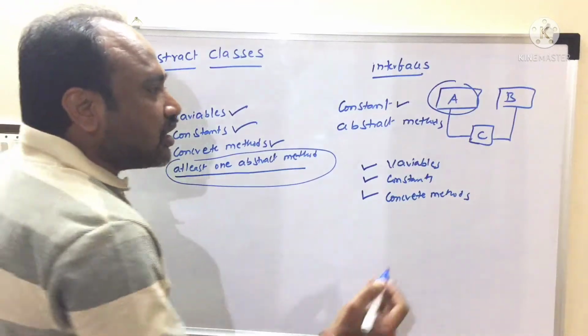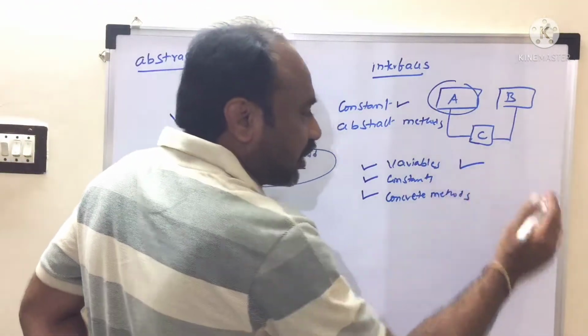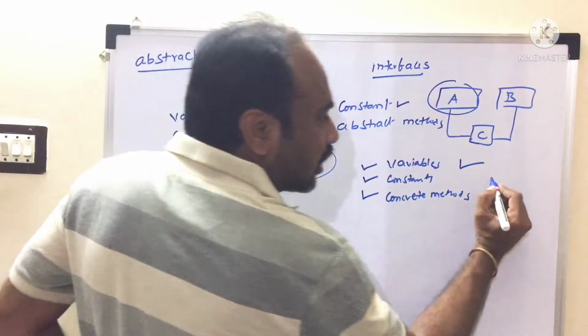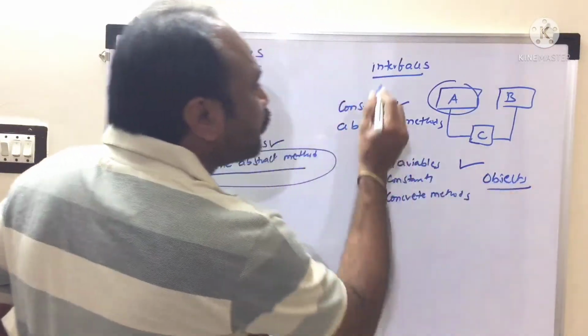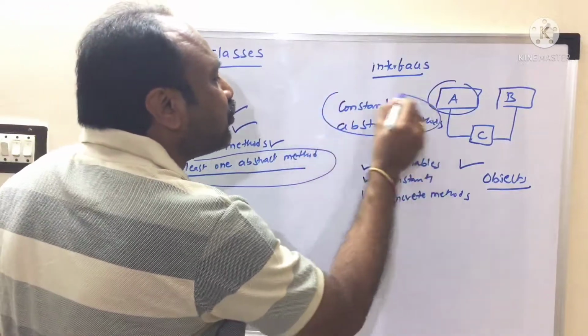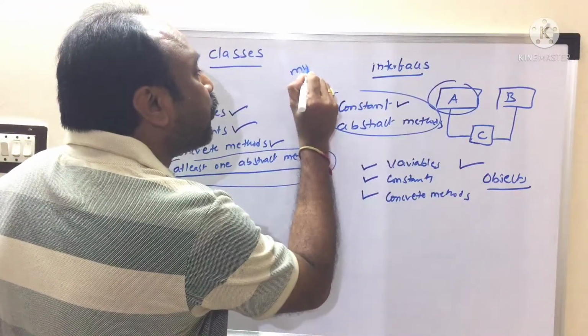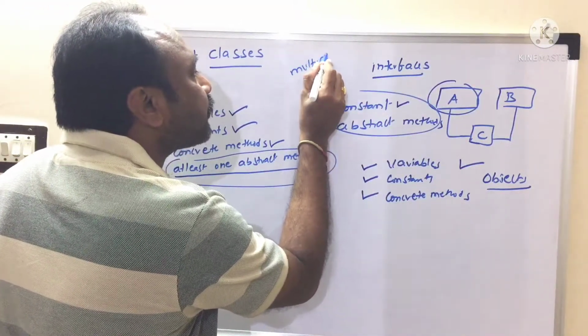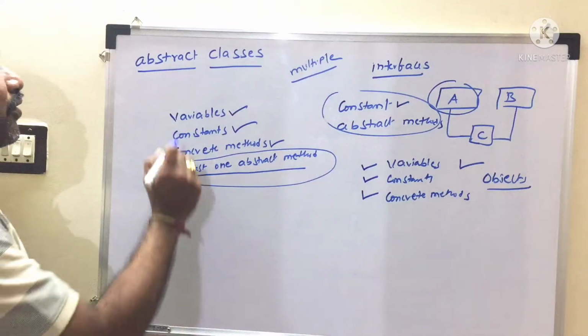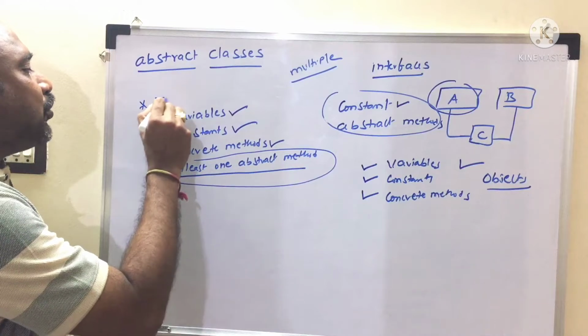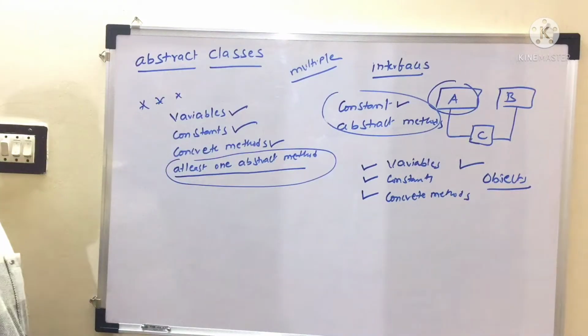When to use class? Class is used to design objects. When to use interface? Interface is used to work with multiple inheritance. Now, an important point: when to use abstract class?